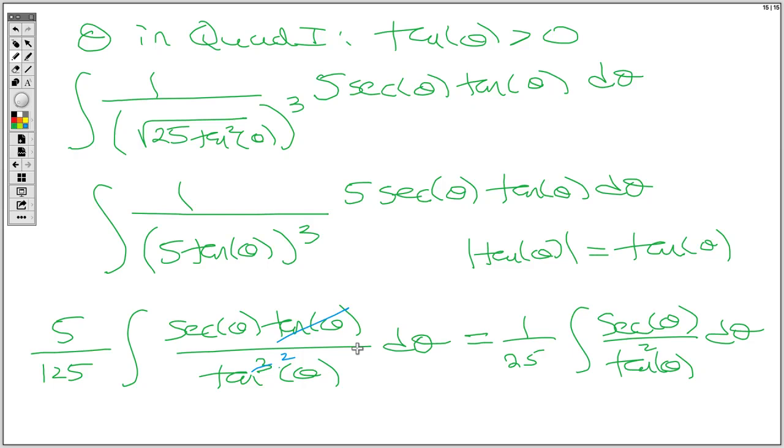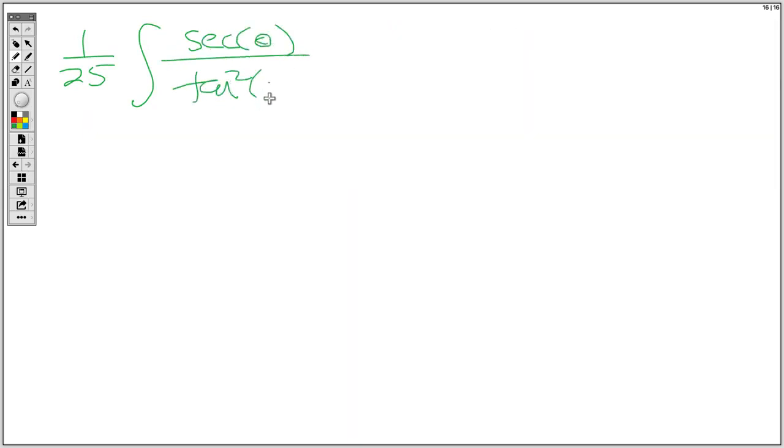So let's keep going. Now we've got this trig integral to do: 1 over 25 integral secant of theta over tangent squared theta d theta. We want to simplify this to see what we can get out of it. So let's do a little bit of trigonometry.